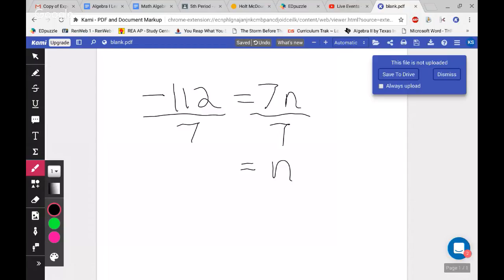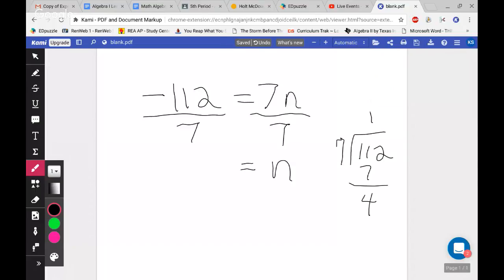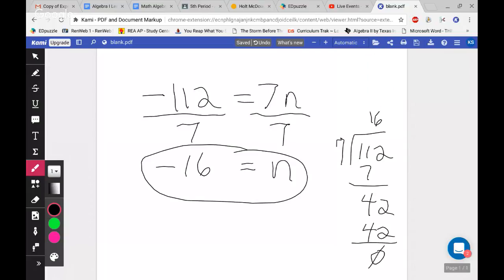And 7 goes into 112 looks like 16 times. And that's going to be negative because I've got a negative divided by a positive. So my final answer is negative 16.